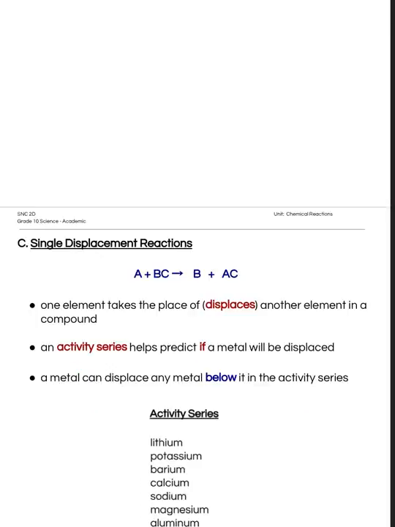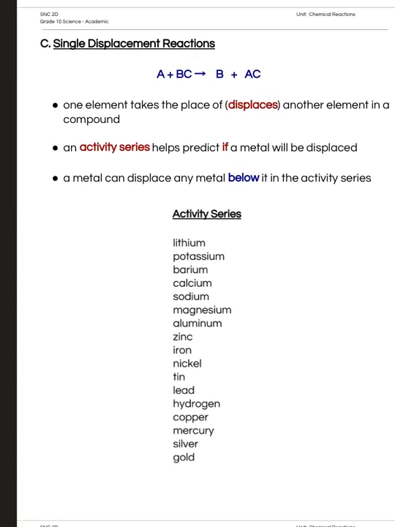Next, we talked about our single displacement reaction, and I think this is the one that most of you might struggle with because, honestly, this is the one where we can actually have no reaction. So in our single displacement reaction, something is actually going to switch spots. If I have A plus BC, basically my A and my B are switching spots.